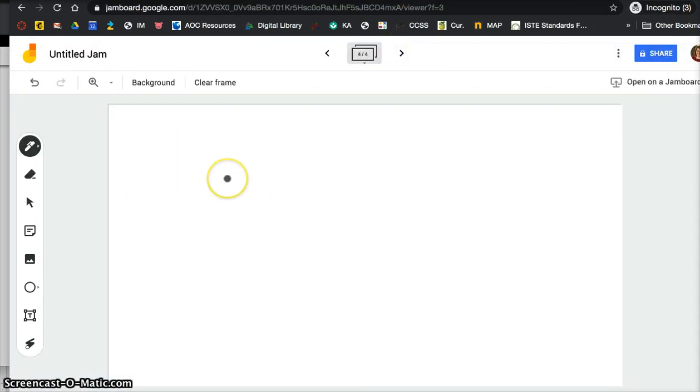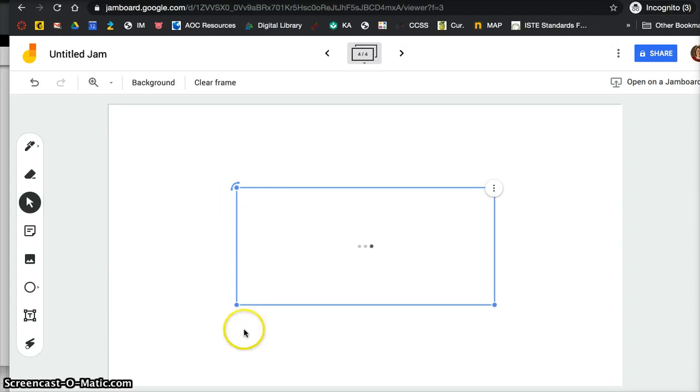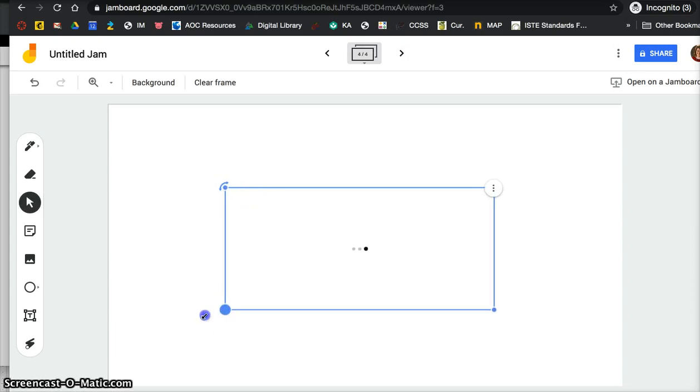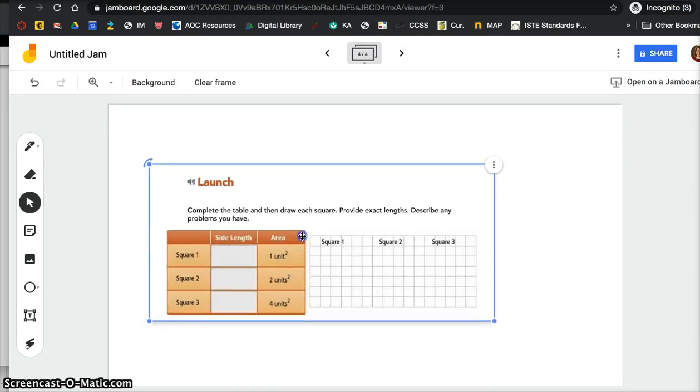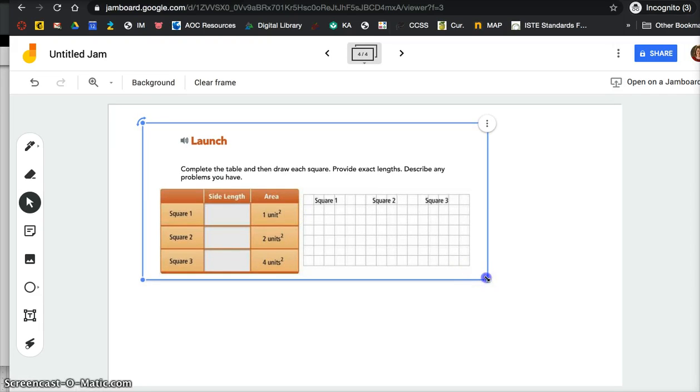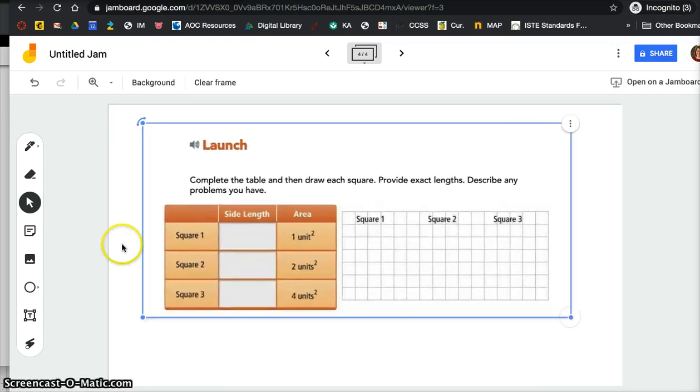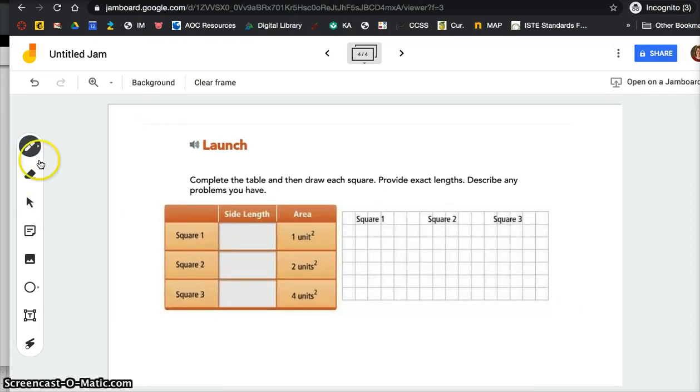We're being asked to draw out some squares based off of the grid, where the small squares here represent one square unit. So for square 1, the area is only one square unit.